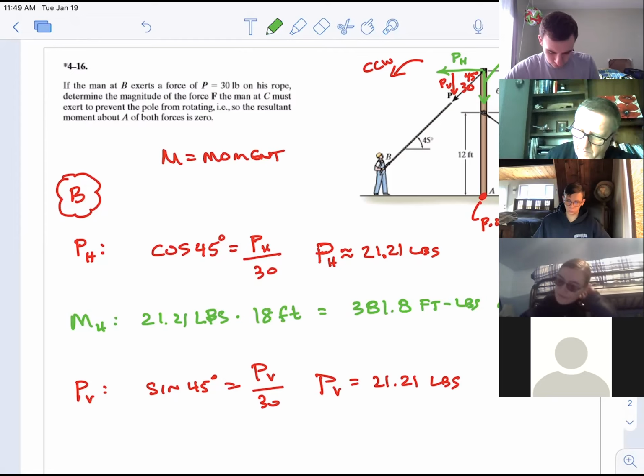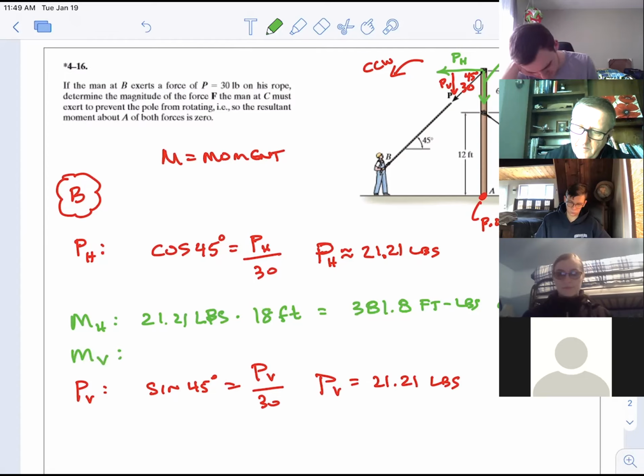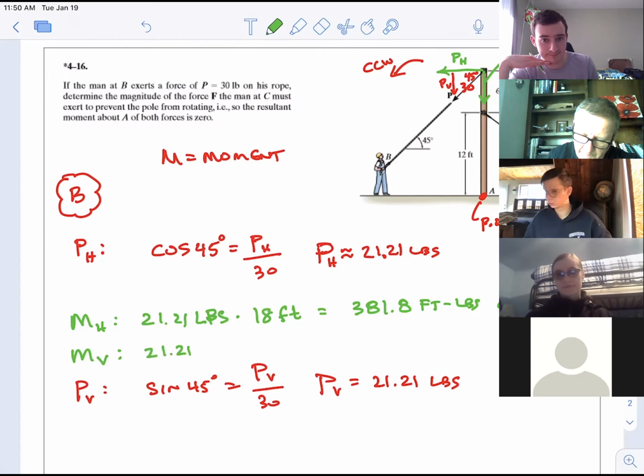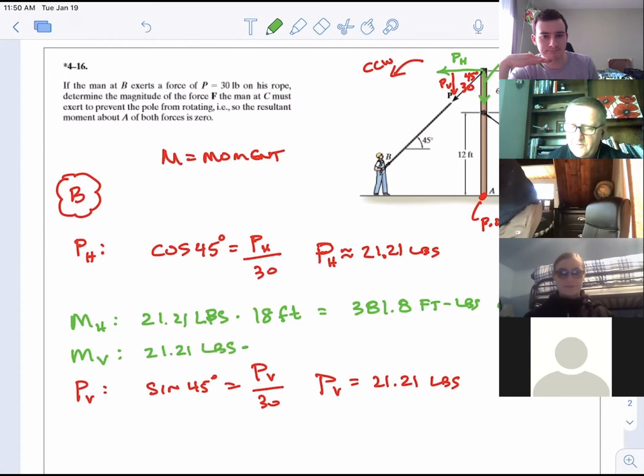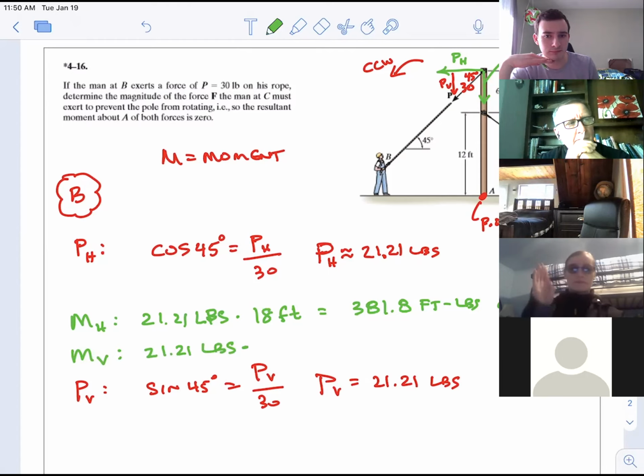What about the moment vertical as a result of this vector? It's kind of a trick question. Do you know what I mean by that? What's its distance? Would it be the distance between point B and the vertical line that connects with A? It's easier than that.